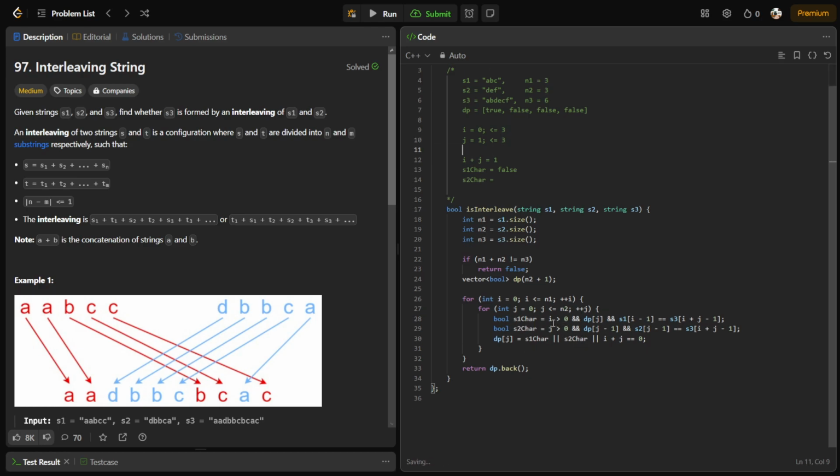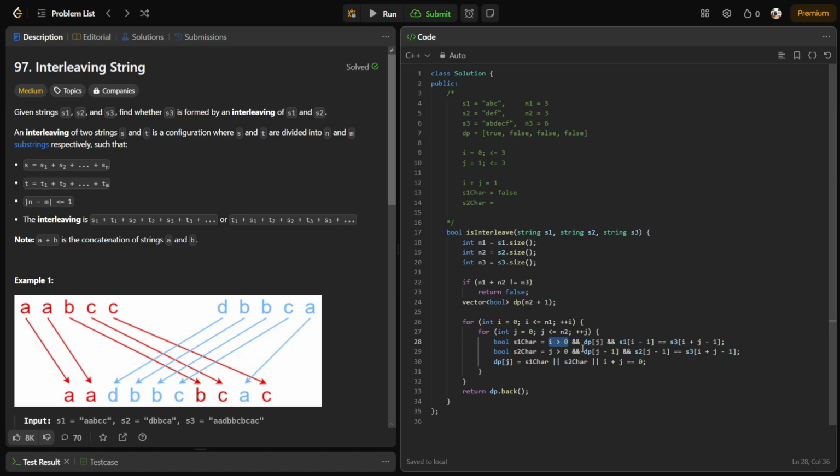Okay, so again, we start from this. i is not more than 0, so this is already false. But for this one, j is more than 0, right? This is true. And what about this? dp[j minus 1], j is 1, minus 1 is true, this is true.